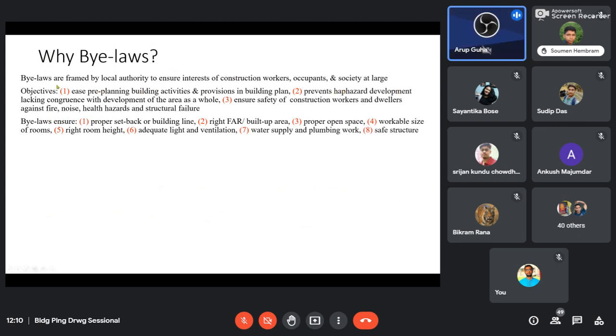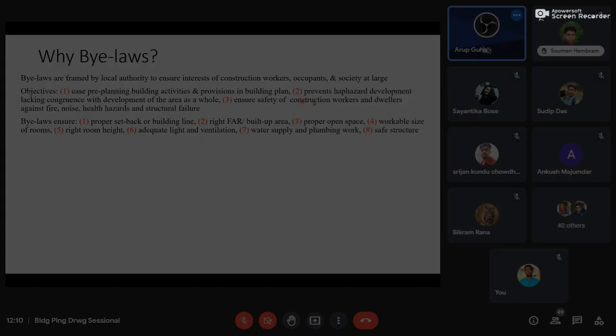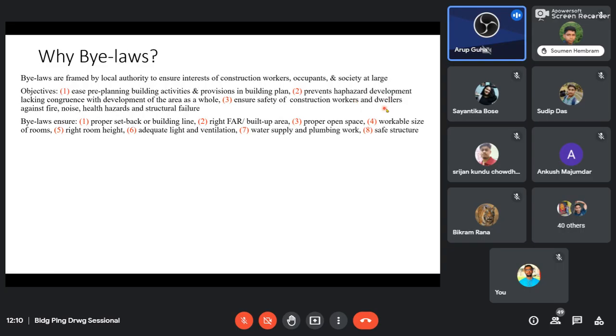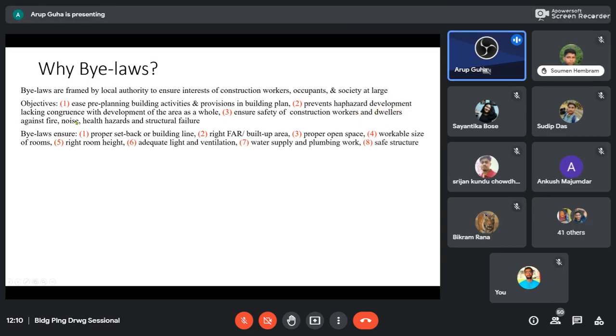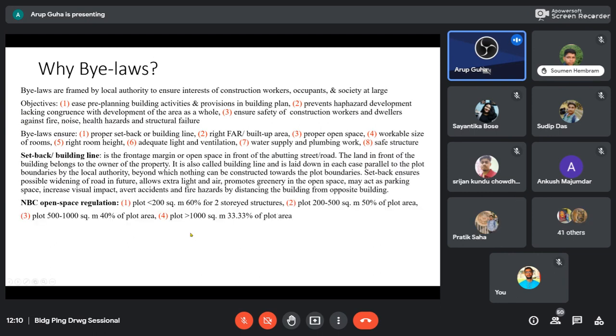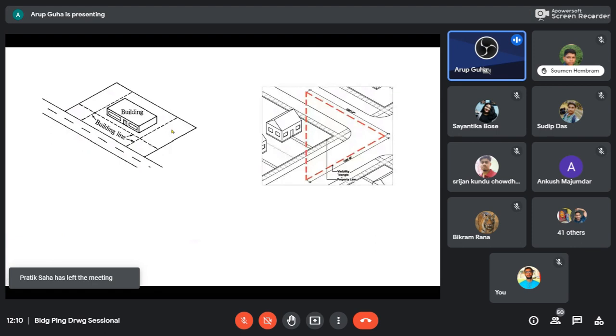Then haphazard development must be stopped, and the safety of construction workers and then the users, the dwellers, must be ensured, against what? Fire, noise, health, structures, etc. So bylaws ensure something. Here setback is mentioned. Probably we have a picture like this, the house is here, but you have acquired this much amount of plot, so you have to keep certain clearances.